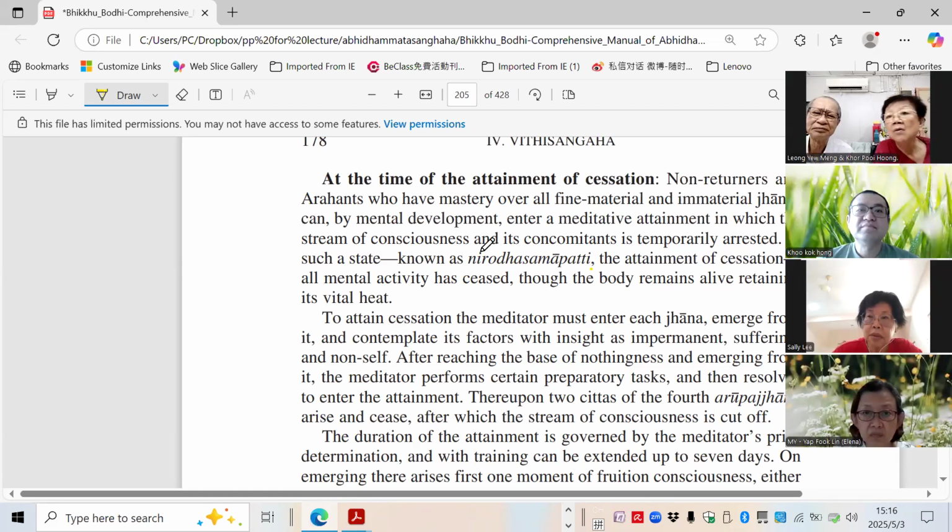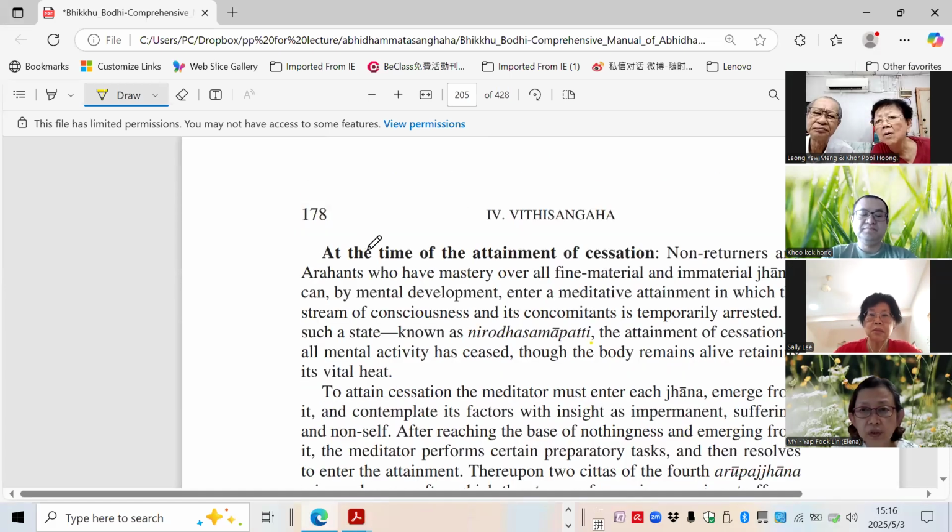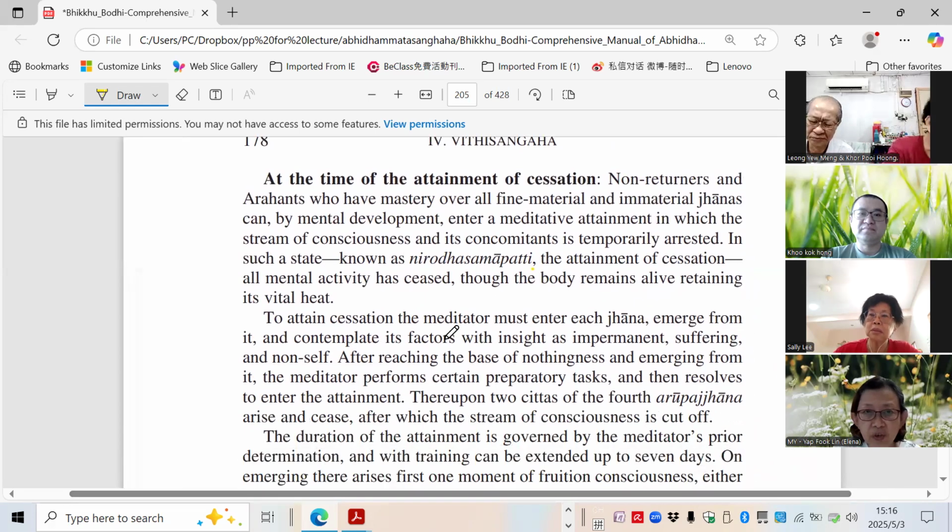Elena, please read the passage at the time. I'm supposed to read it? No, Sifu, I cannot read because at the side of my house they are doing some digging work for the drain, so it's very noisy. And also it's heavy rain. Sorry, Sifu. No problem. Go ahead, please.